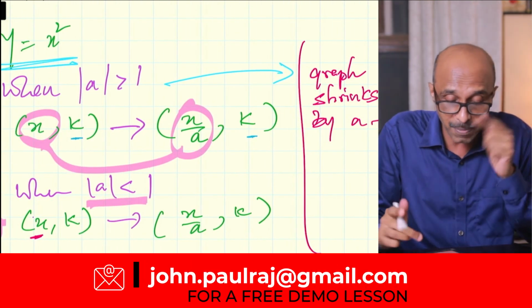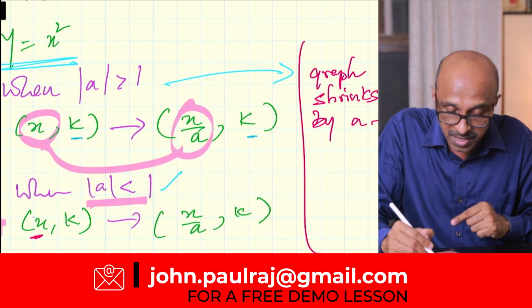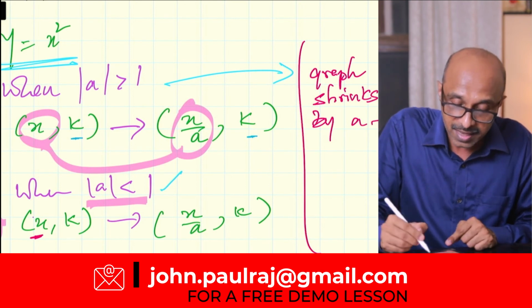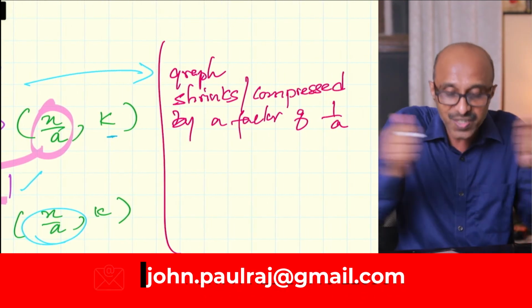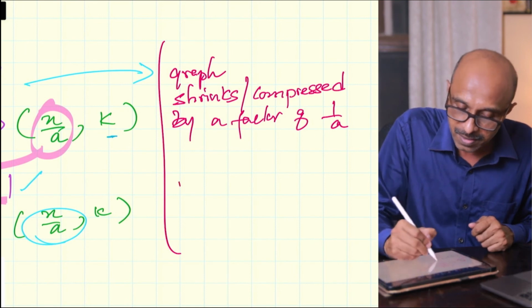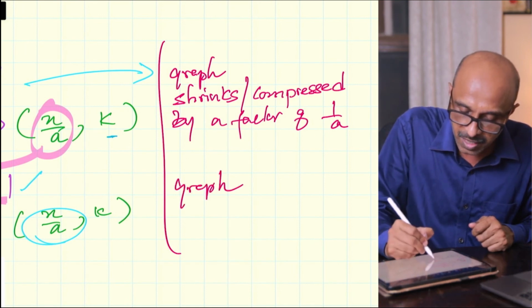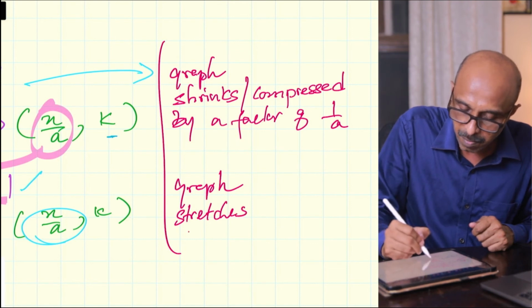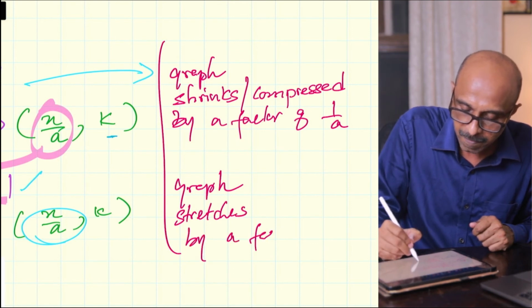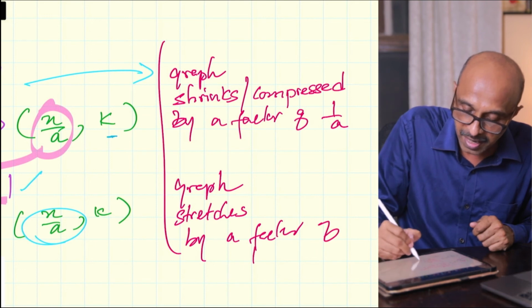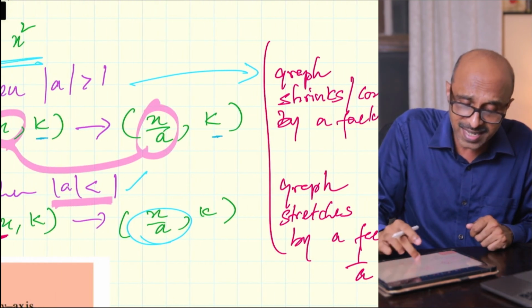And when the absolute value of a is less than 1, like this, there we saw that the graph stretches. The graph gets stretched by a factor of, again, 1/a. Remember, a is less than 1.